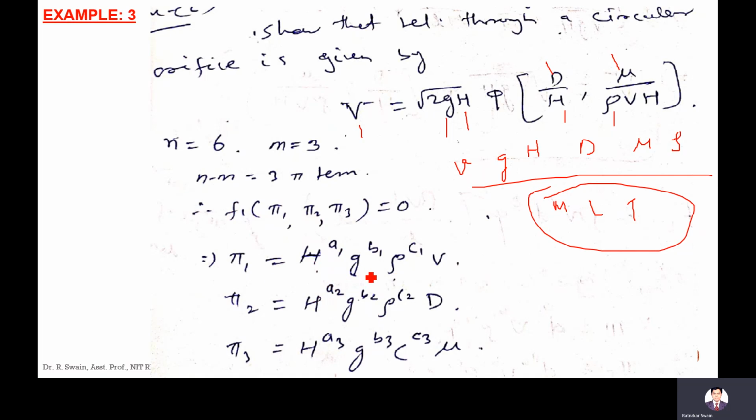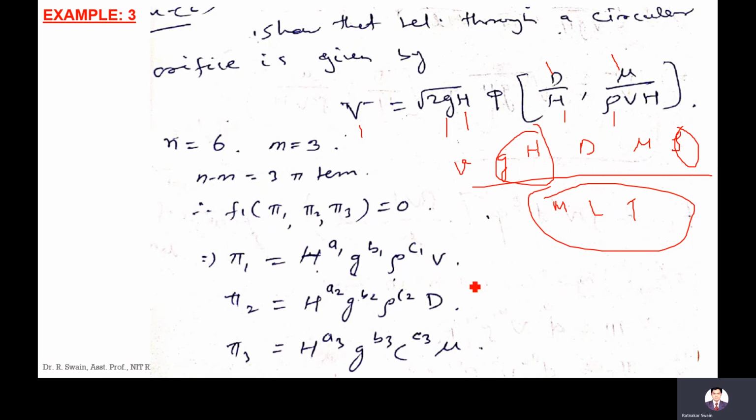G is the acceleration, the kinematic variable, and rho is the mass or dynamic variable. So h, g, rho are taken as repeating variables. The remaining are V, d and mu, one in each group: pi 1 with V, pi 2 with d, and pi 3 with mu.